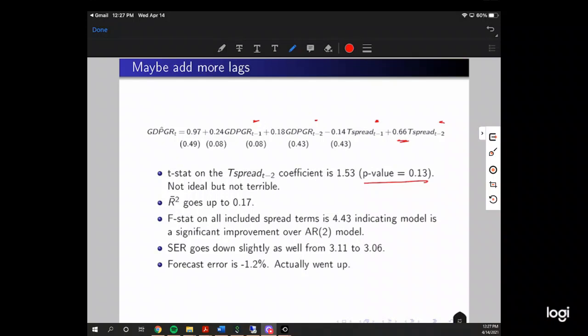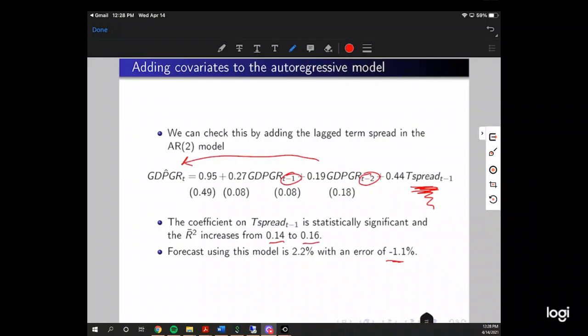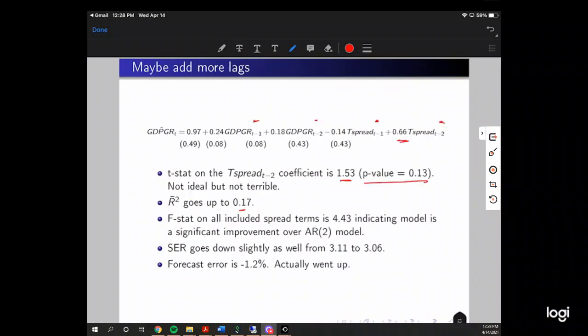We want to reject that null hypothesis if the t-stat is greater than 1.96, and in this case our t-stat is 1.53. And so maybe the two-lag term spread is not a good variable to include in this model. The r squared does go up a little bit to 0.17 from, what did we have before? It went to 0.16 in the previous model.